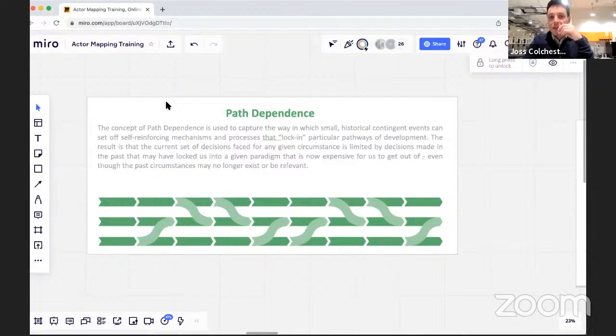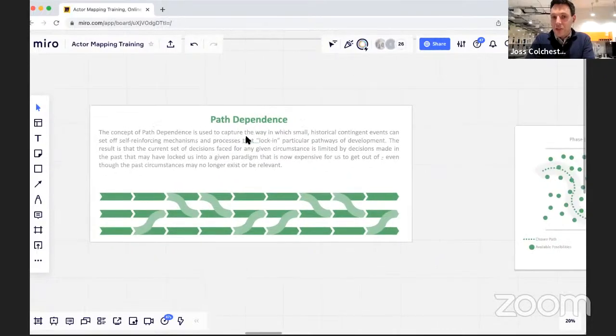The result is that the set of decisions faced in any given circumstance is limited by the decisions made in the past, and that may have locked us into a given paradigm that is now expensive for us to get out of, or even through past circumstances that may no longer exist or be relevant.